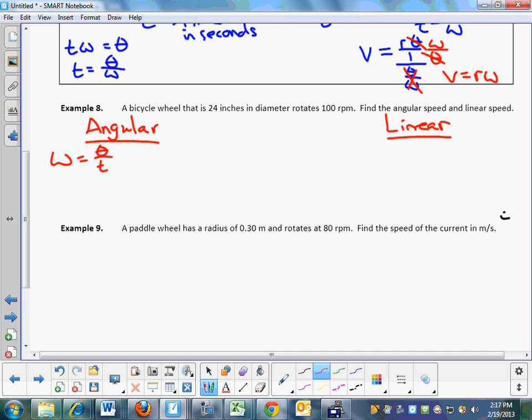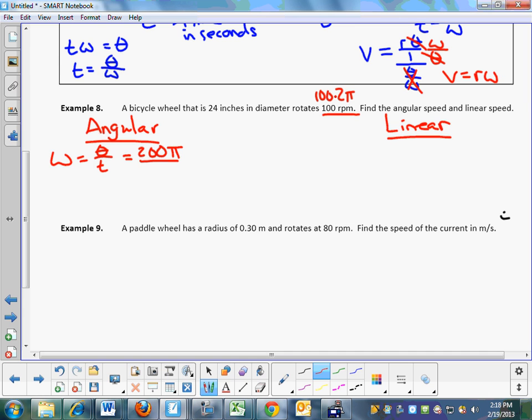How many rotations do I make? 100. So if I make 100 rotations and each one's 2 pi, what's that total angle measure? 200 pi. Is anybody confused how I came up with 200 pi? 100 times my 2 pi. Always going to be times 2 pi.